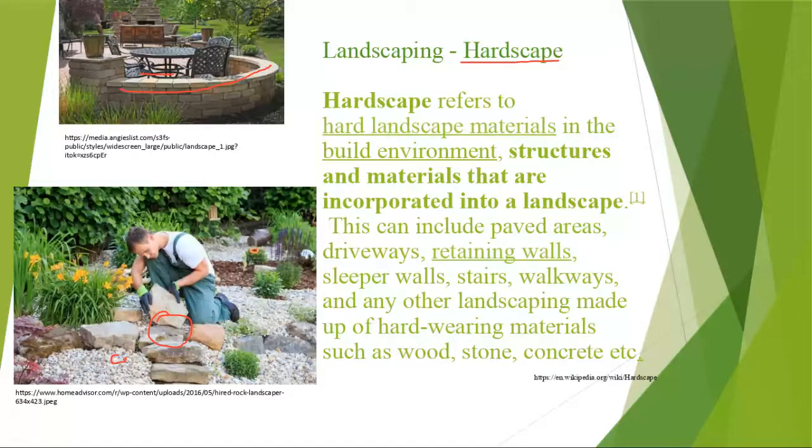And just a little side note, we'll get into it later, an amenity, not an amendment to the soil, but an amenity to the landscape, is furniture or a pot here. That's an amenity. Hardscape is everything that's not the softscape. That's not an amenity. All right, so here at the bottom of the slide, we have hardware and materials such as wood, stone, concrete, etc.